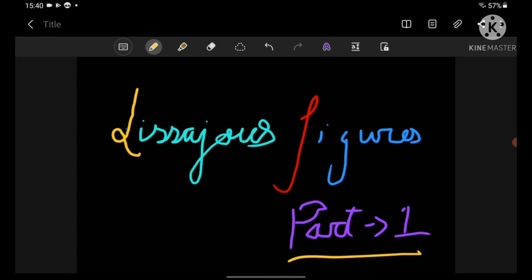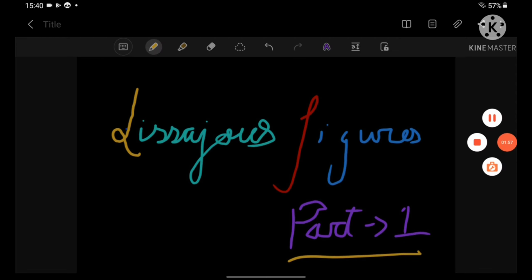So now, I hope that you know what Lissajous figures are. Let me explain them. Well, Lissajous figures are about what a culmination of two perpendicular SHMs can do.